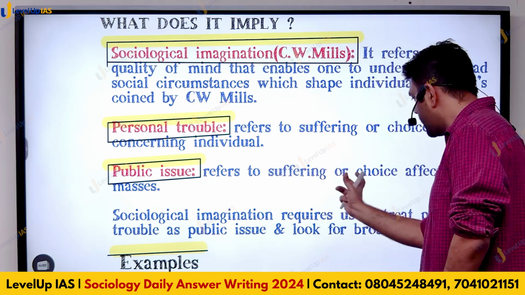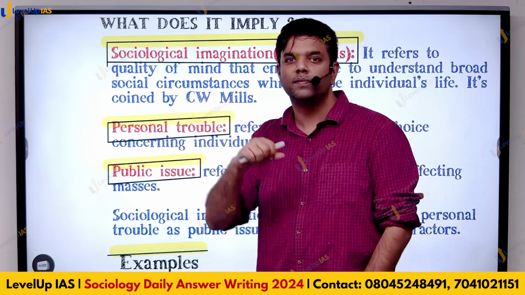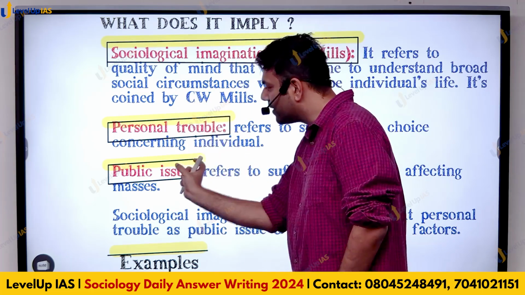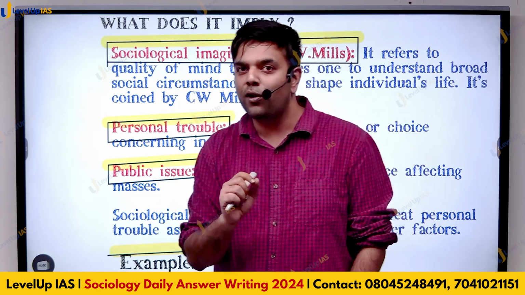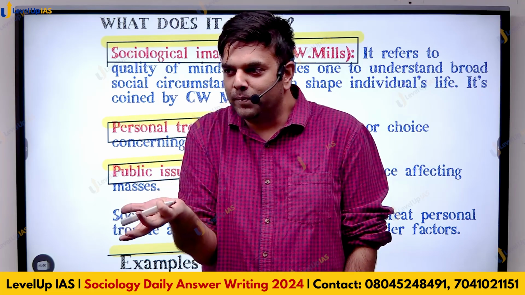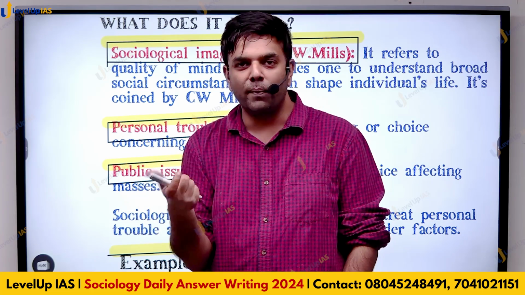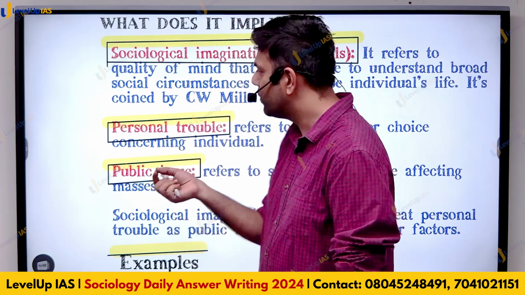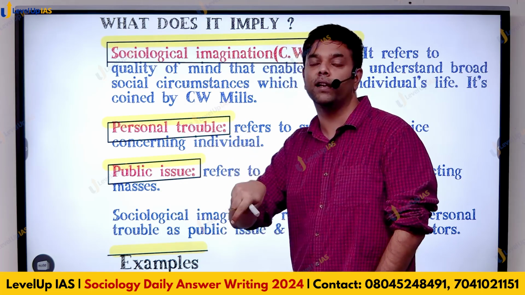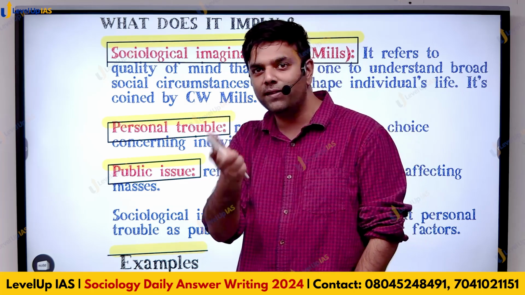It refers to suffering or choice affecting masses. That means a sociologist would treat personal trouble as a public issue. He would not limit the major anomalies to individuals. He would assume that they are affecting the masses, and then he would find the broader reasons.